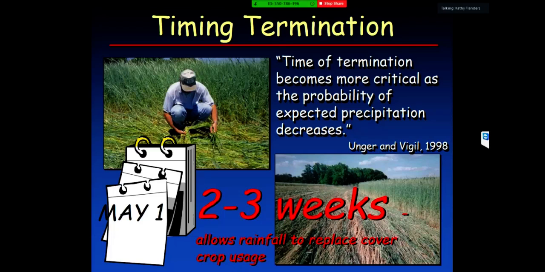And the chances are, while the cover crop is dying or melting down, that in the next 2 or 3 weeks, we probably will get a rainfall to replace at least some of that soil moisture usage. And if it doesn't rain, then we probably wouldn't want to plant the cash crop anyway. But again, normally here in the southeast, we should get a rain within 2 or 3 weeks. That'll help replenish some of that soil moisture.